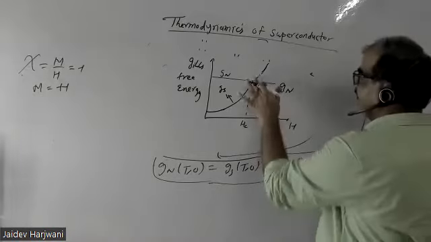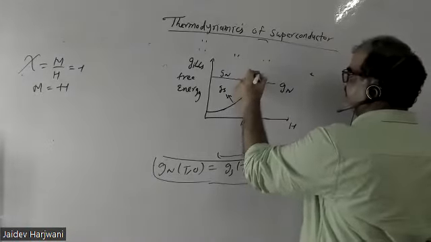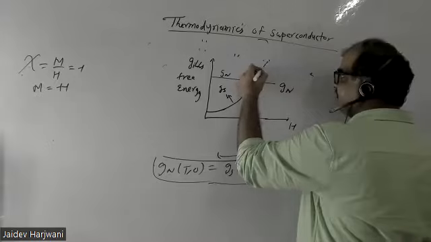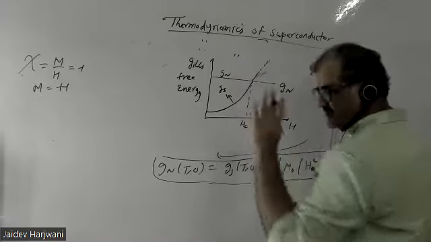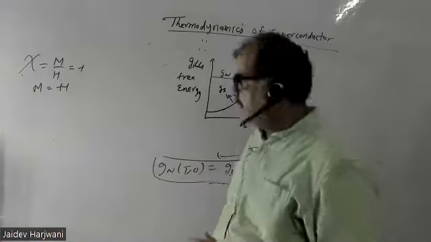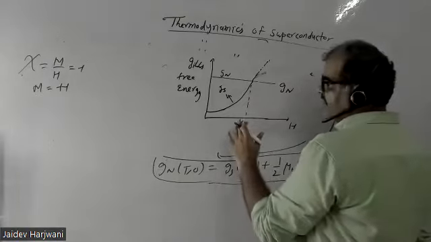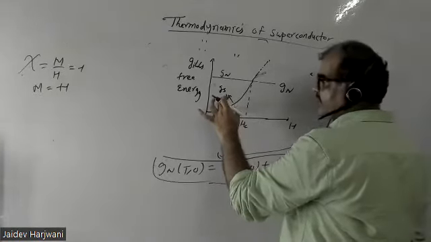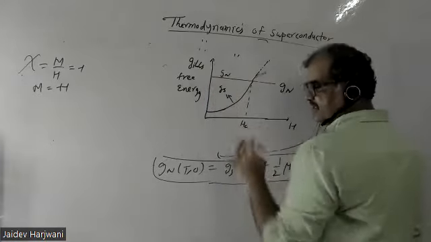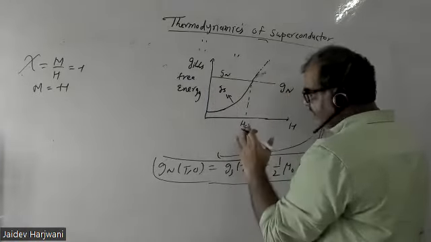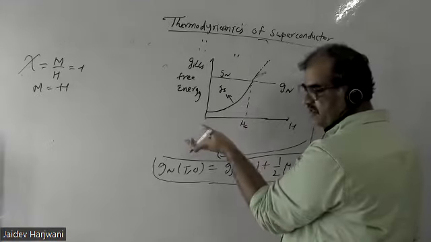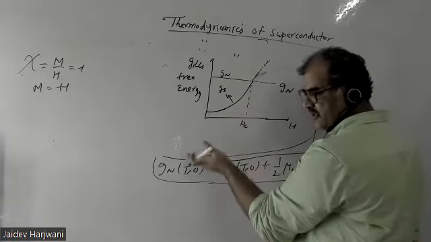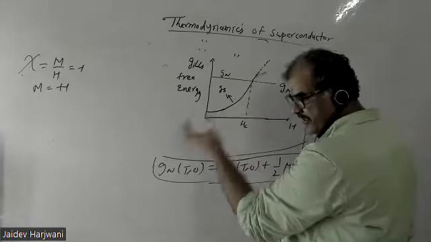So I'm saying the phase which has lower Gibbs free energy is the stable state. Below Hc, the Gibbs free energy of the superconducting state is lower than that of the normal state. That's why your material is in the superconducting state.